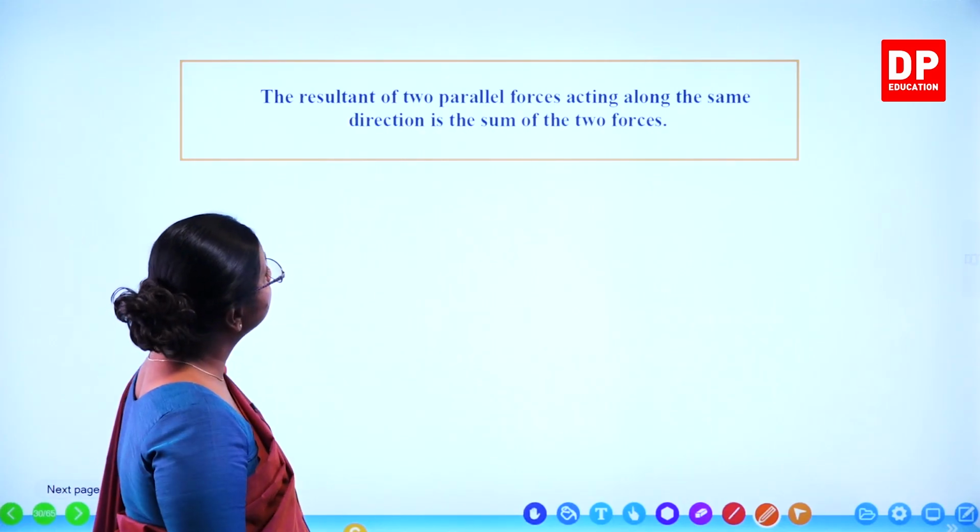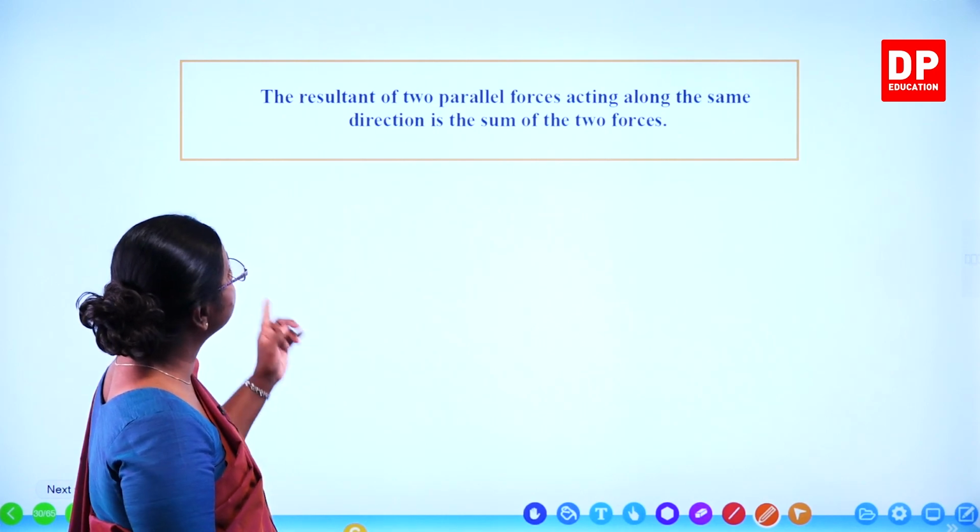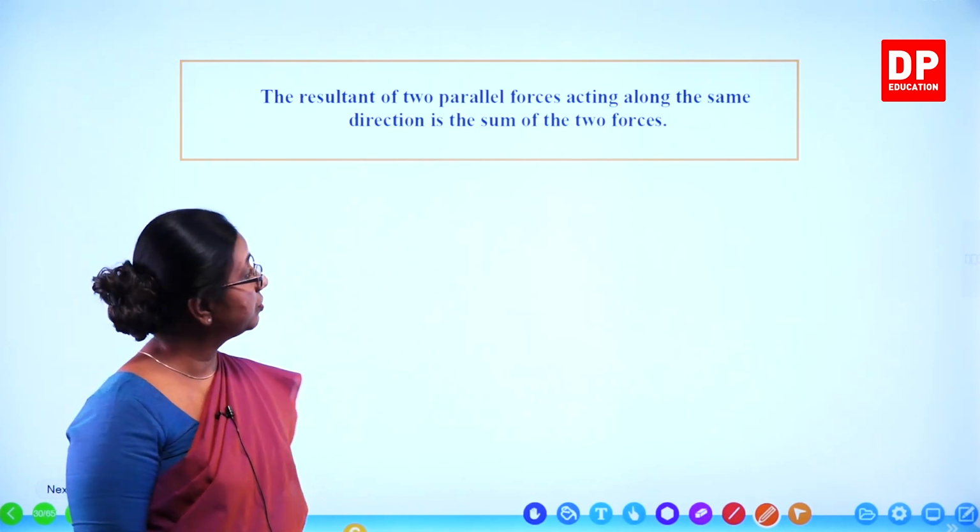The resultant of two parallel forces acting along the same direction is the sum of the two forces.